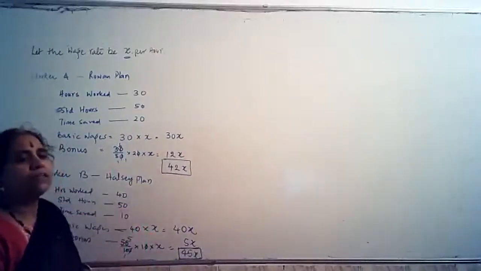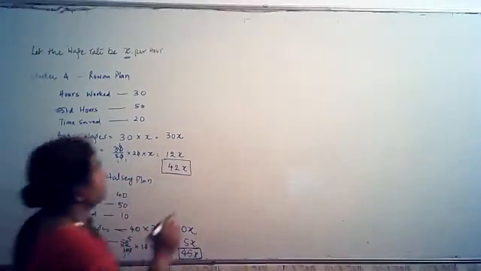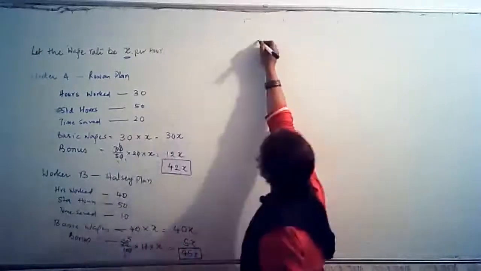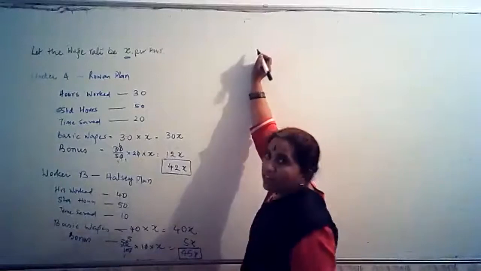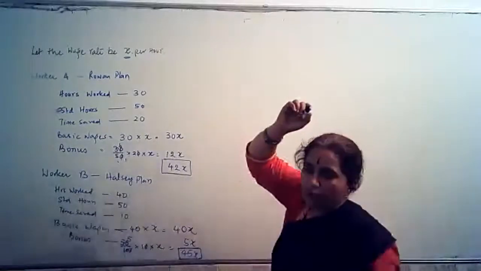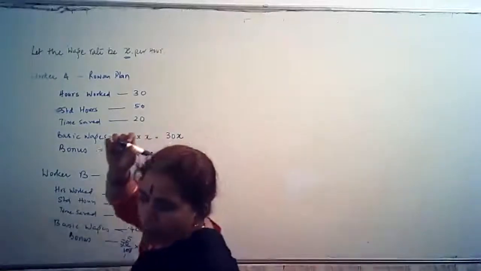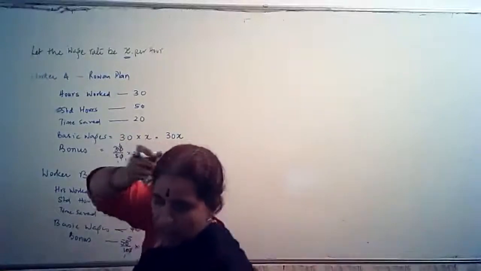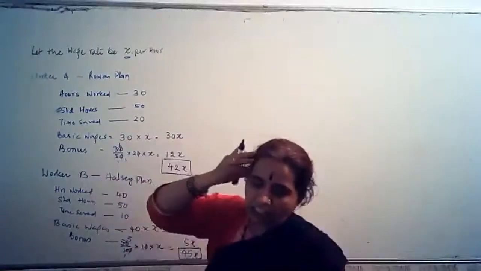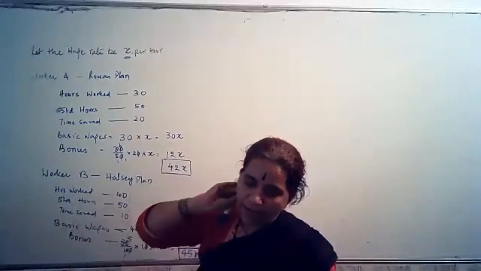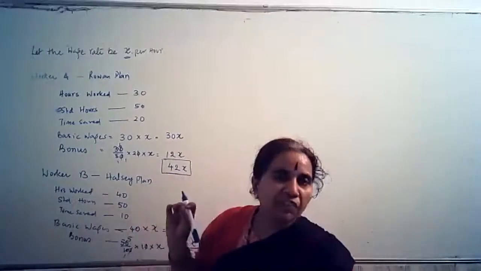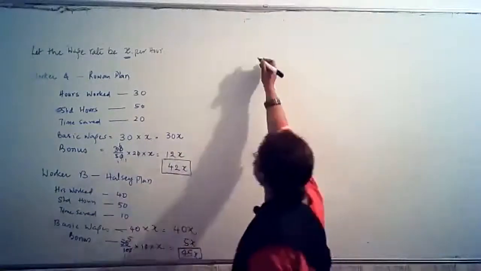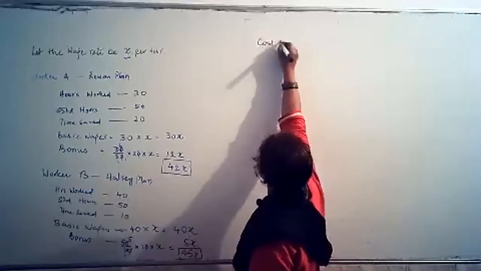Let's prepare a cost sheet. Before the cost sheet, we'll calculate the prime cost and factory cost for both of them, because factory cost is given to us. So we'll use the cost sheet for A and B so that we will get the two equations. Write down cost sheet.